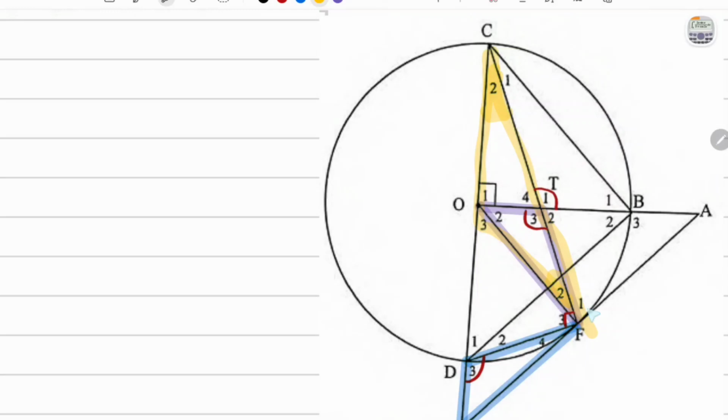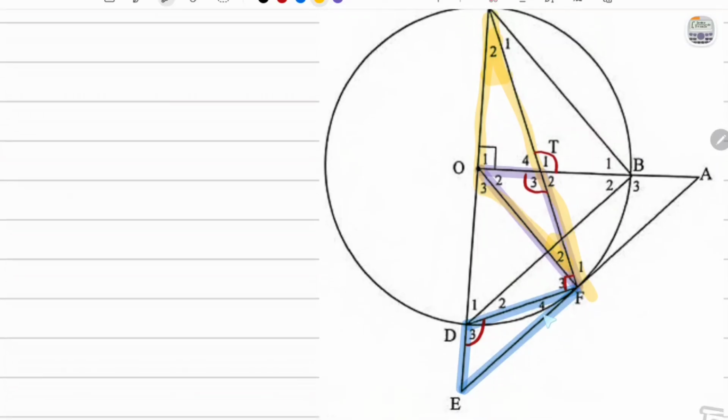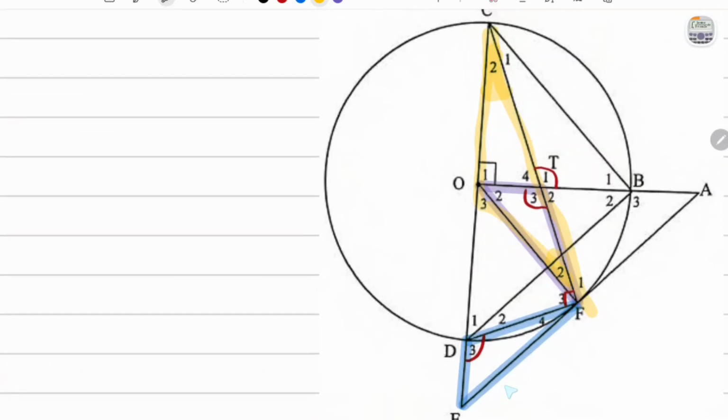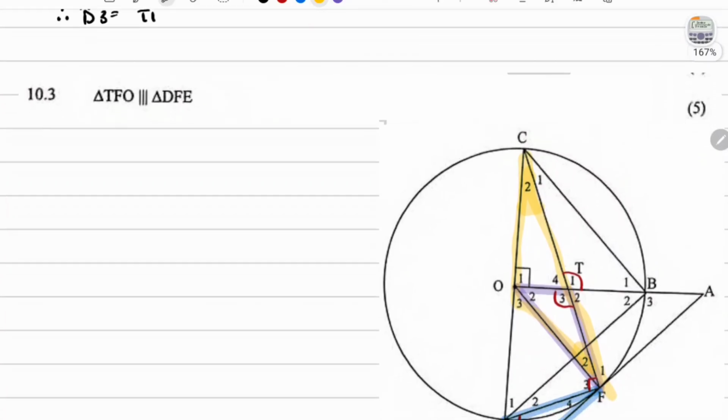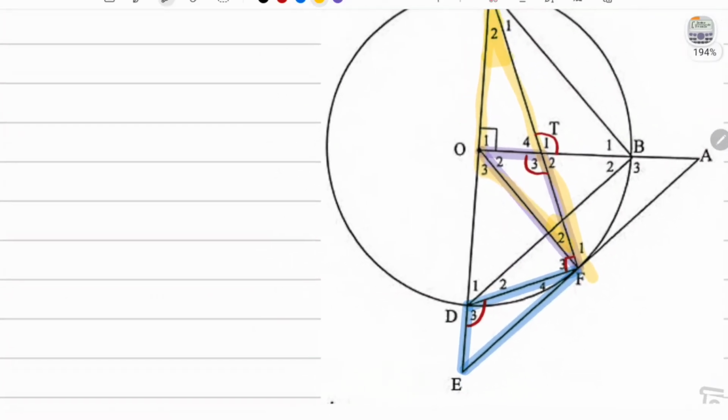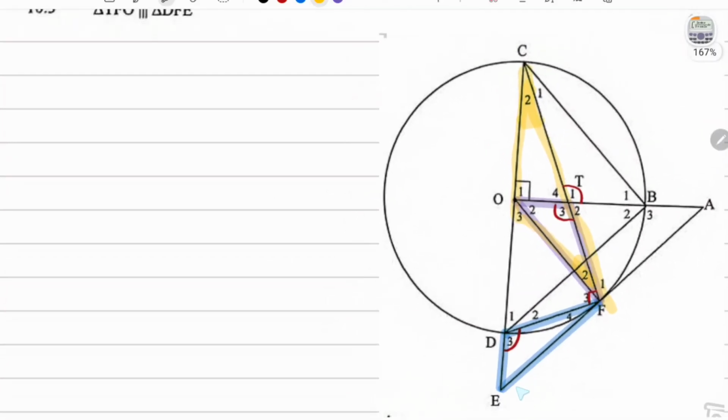So now that we know that F2 is equal to C2, look at your blue triangle as well. Remember they told us that this was a tangent. You should always go back to the scenario and see anything you might have missed. Because this is a tangent, the angle supported by the tangent and the chord, which is F4, right?